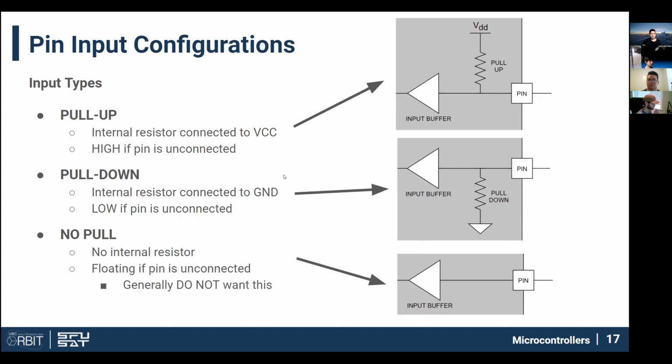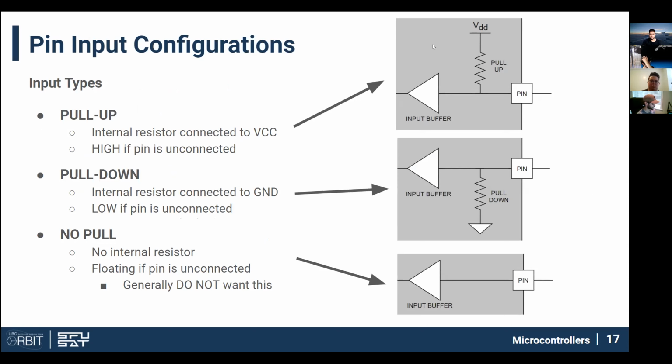These pins can have different hardware configurations. If a pin is configured as an input, and this is mostly relevant for general purpose input-output pins, GPIOs, but it can apply to other things like pins used for certain communication protocols, it could be configured with a pull-up.